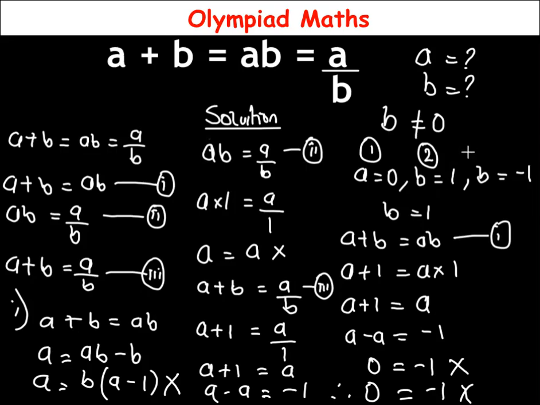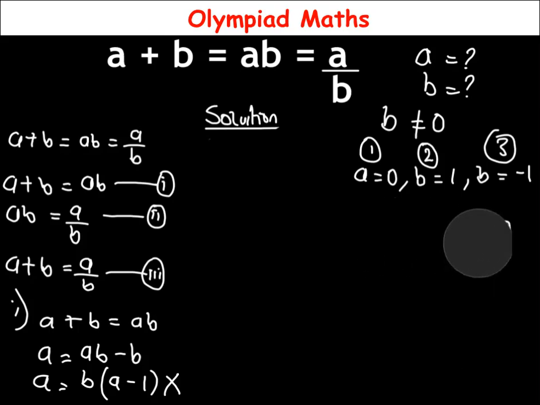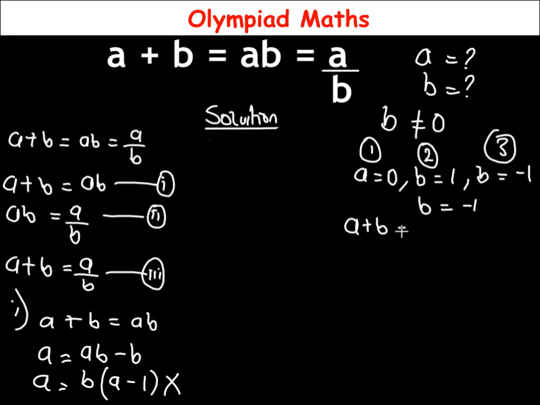Let's then try the next case, which is when b is equal to minus 1. Now, if we input this value into the equations, let's see whether it will give us a possible solution. For the first equation, a plus b is equal to ab, equation 1, right? Now, b is minus 1, so a plus in brackets minus 1 is equal to a times minus 1.